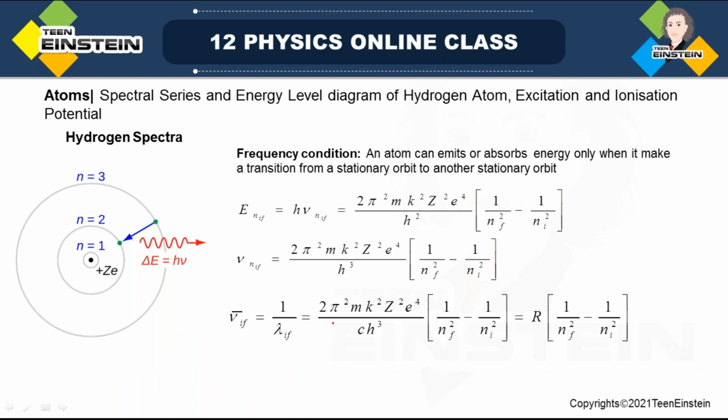See here, 2 pi square m k square z square e to the power 4 by c h cube. So this particular factor, if you put z equal to 1, then it is 2 pi square m k square e to the power 4 by c h cube. This is called the Rydberg constant.